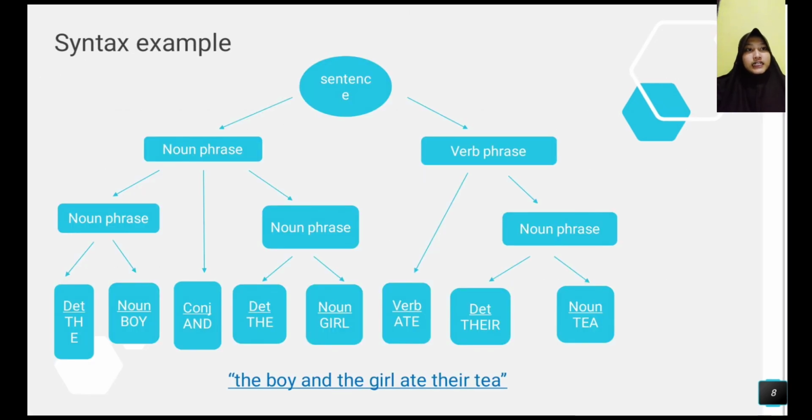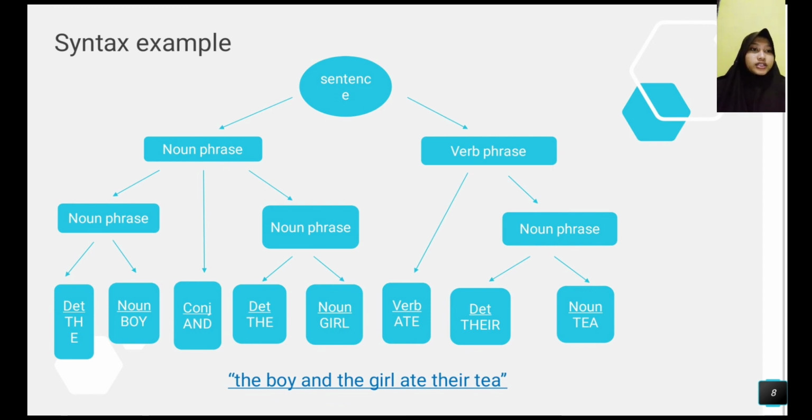And this is an example, the syntax example. In the sentence, the boy and the girl ate their tea. The is determiner, noun phrase. Boy is noun phrase. And is conjunction, noun phrase. The sentence, that the determiner, noun phrase.